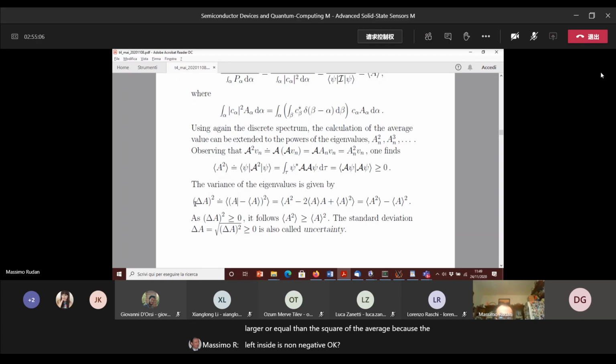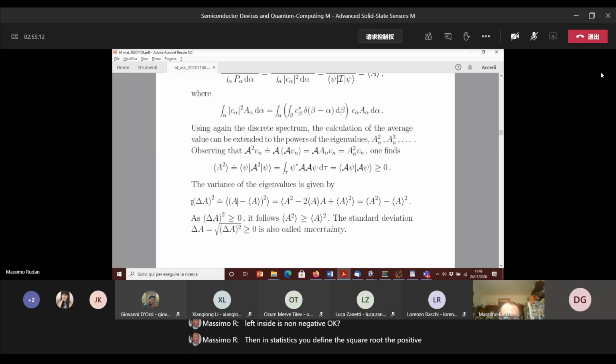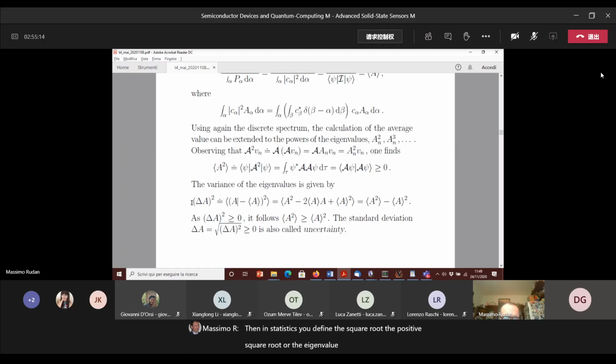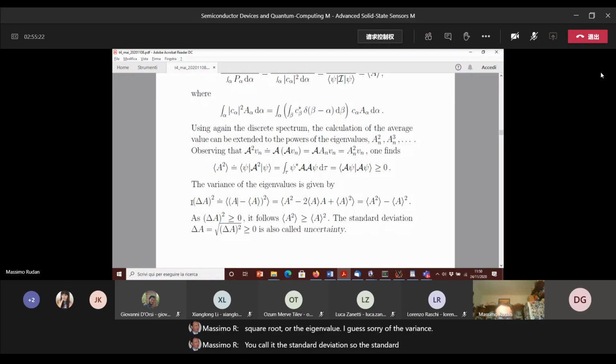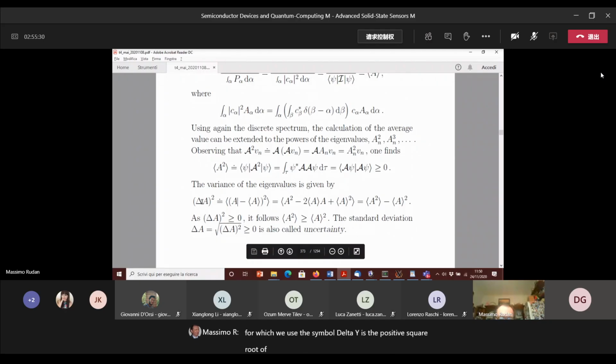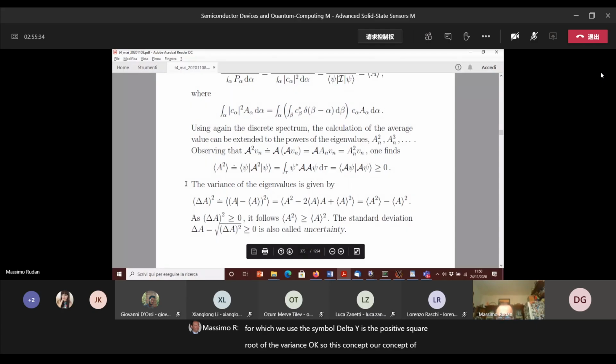Then in statistics, you define the positive square root of the variance. You call it the standard deviation. So the standard deviation, for which we use the symbol delta A, is the positive square root of the variance. So these are concepts of statistics.